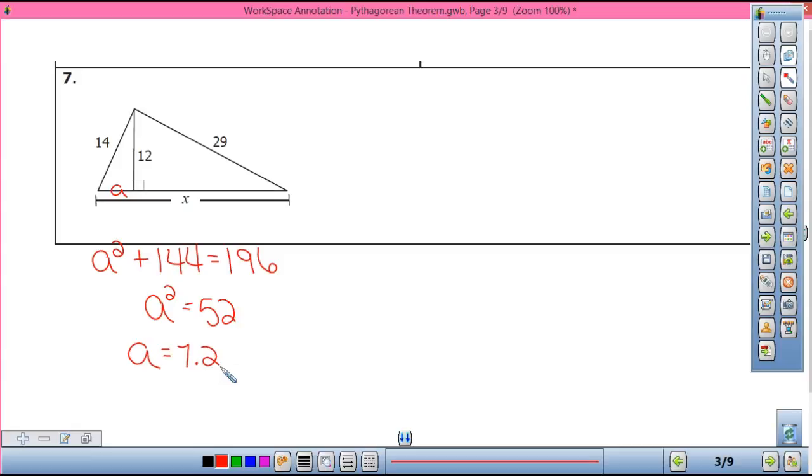What else do I need? Okay, so I gotta find that guy. So now I'm setting it up as 144 plus B squared equals 841. So B squared is 697.